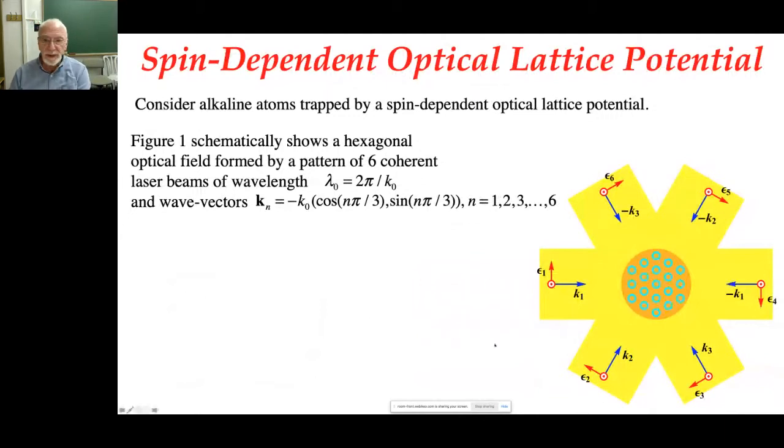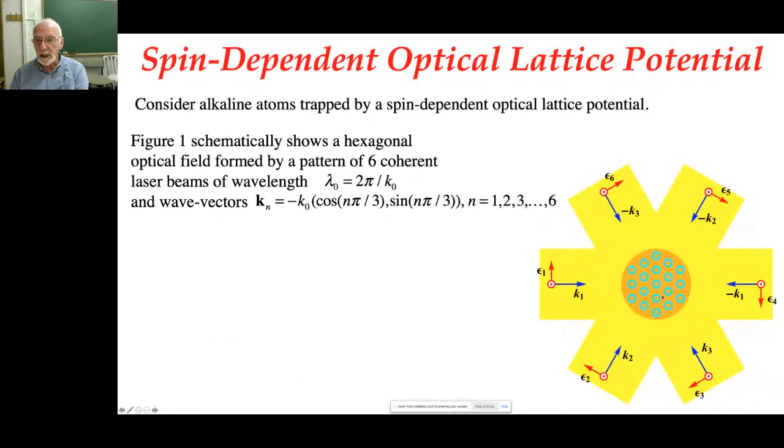So how do you make an optical lattice potential which is spin dependent? Well, in this particular configuration that I have over here, we have 6 beams, basically 3 retroreflected beams, but each one of the beams has 2 polarizations, epsilon 1 and epsilon 2 coming out of the board.